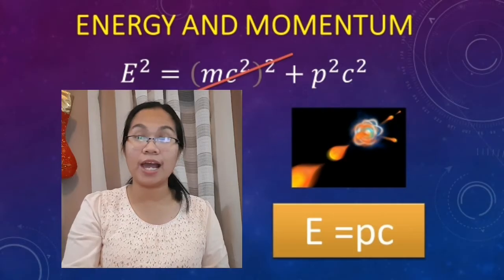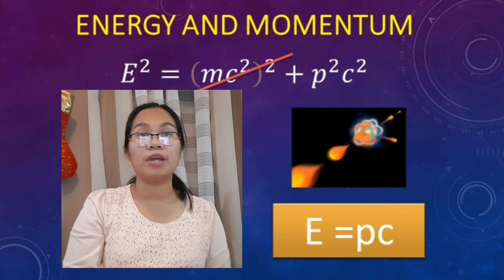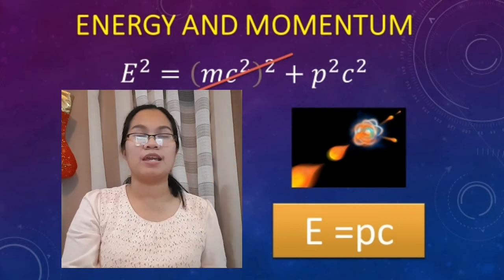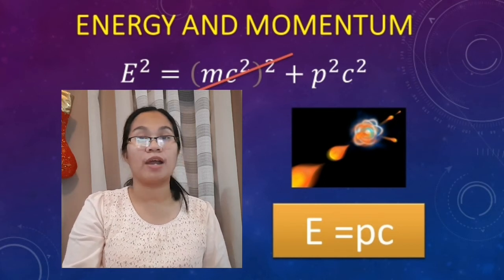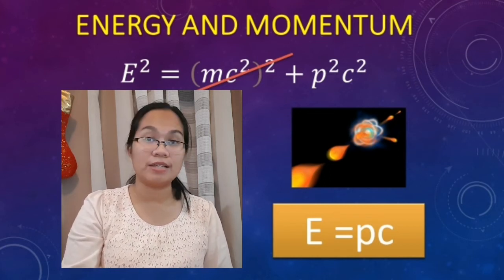Or E squared equals (mc squared) squared plus p squared c squared. In the derivation that we had, we are able to derive this equation: E squared equals quantity mc squared squared plus p squared c squared.